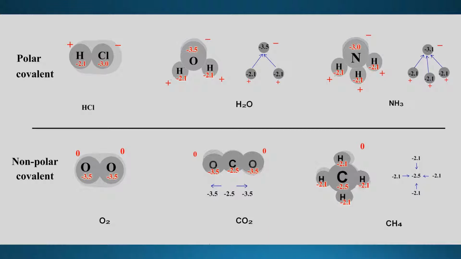Methane, a hydrocarbon. This looks like a more complex molecule. But you see which one is the strongest. The strongest is the C, 2.5, and the remaining is only 2.1. The electrons all go towards the center, 2.5, making the electron distribution even all around. No one can pull towards one side. So this becomes another non-polar molecule.